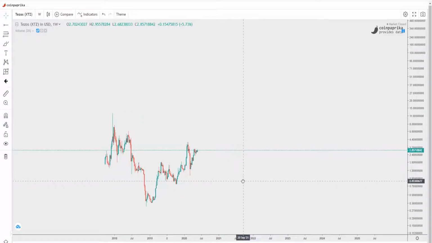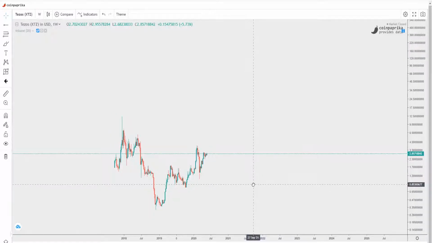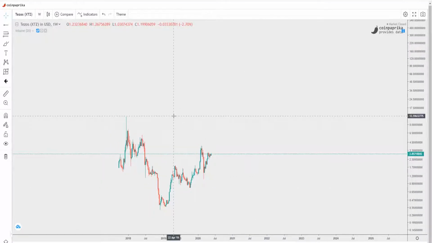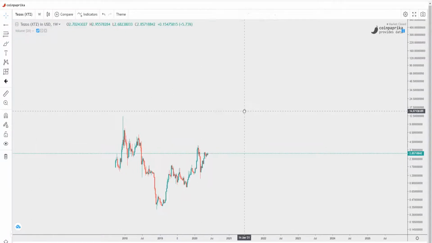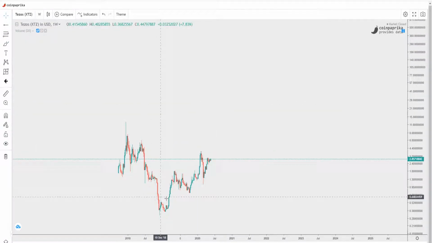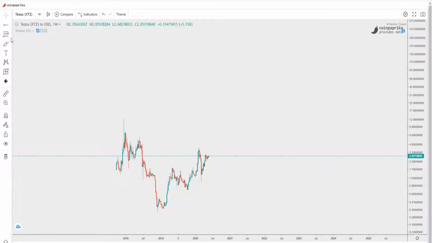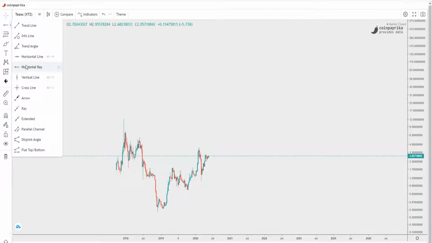Okay, and again, as I already said, I can use my Fibonacci setup. Everything that I'm going to do here must be done by hand, with a blind eye. Let me see if I can use a line here.